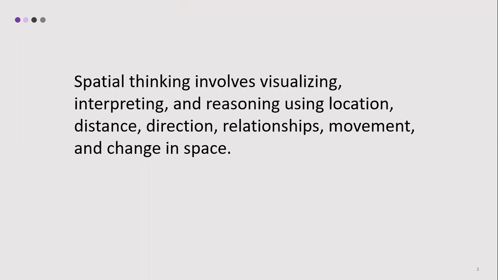Spatial thinking, written definition: spatial thinking involves visualizing, interpreting, and reasoning using location, distance, direction, relationship, movement, and change in space. We are studying change, pattern, and spatial prediction.